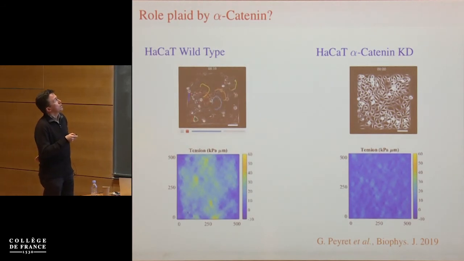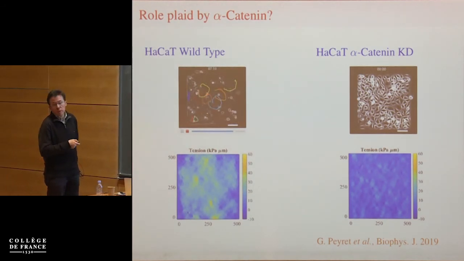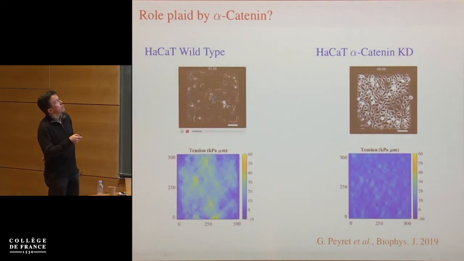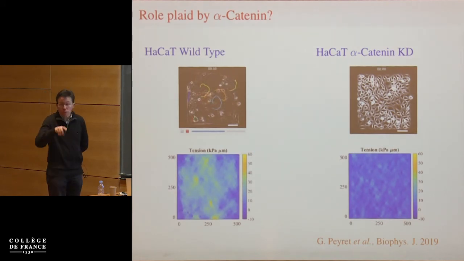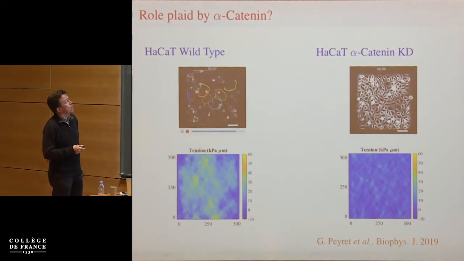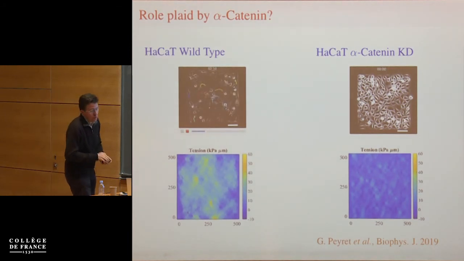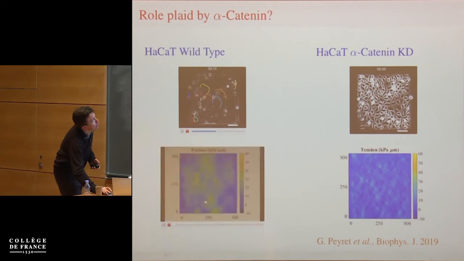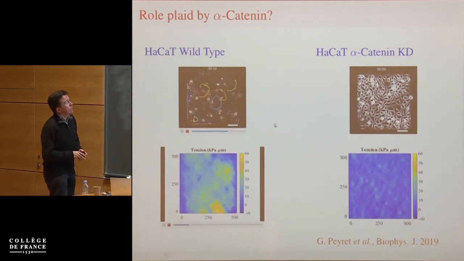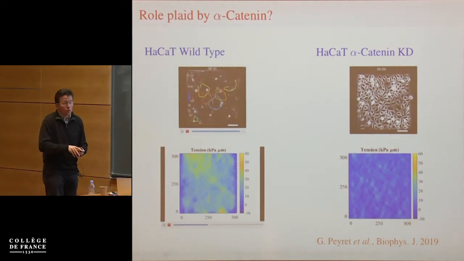One difference is that cell trajectories here are labeled and describe nice circles to exemplify the collective motion in this system. And this is the tension movie that goes with it, where you can also recognize the collective rotation.